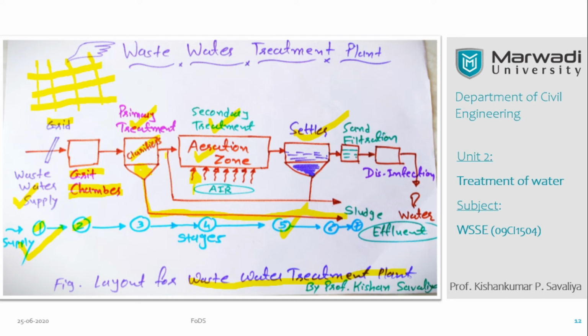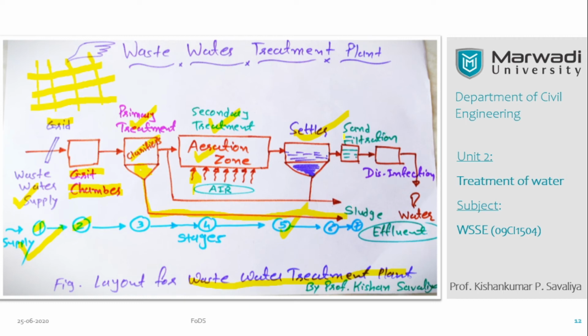We need to remove it because sometimes sludge clogs our pipeline. That is harmful to the plant, and we will not get the treated water at the end. So this is a very important thing. And finally, in the settler tank, we remove the sludge. Sludge is collected in a particular tank and dumped at a particular site.